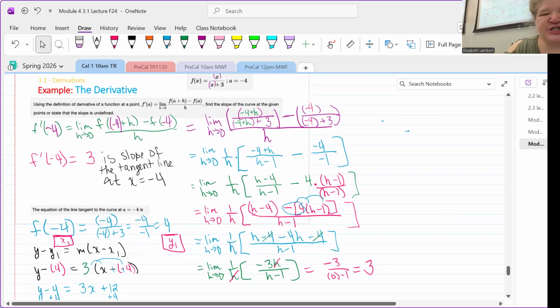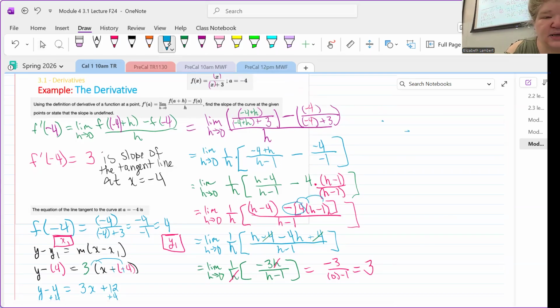So we used our definition of the derivative. We did our -4 plus h, substituted that. Then we did f of -4, substituted -4. And then we had to get a common denominator. Got that together, finished that algebra work, finally canceled the h's, and we got a number at the end. That number is the slope of the curve at a equals -4, or x equals -4, whatever.